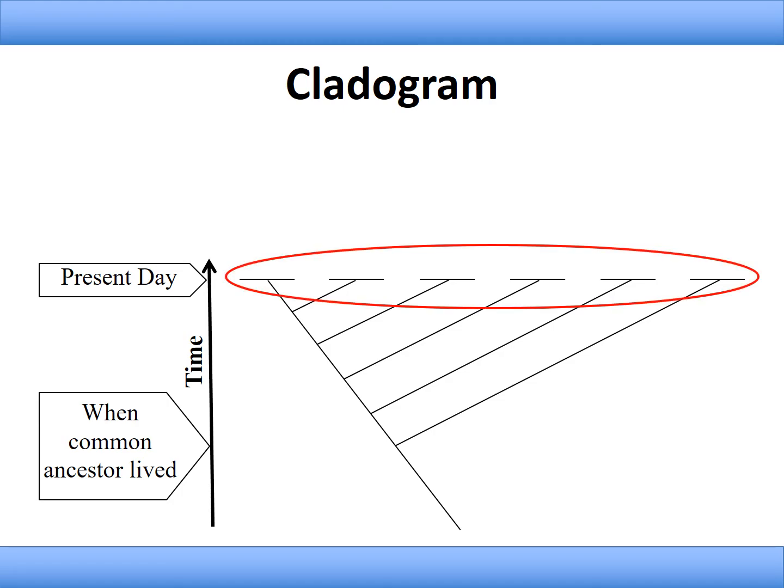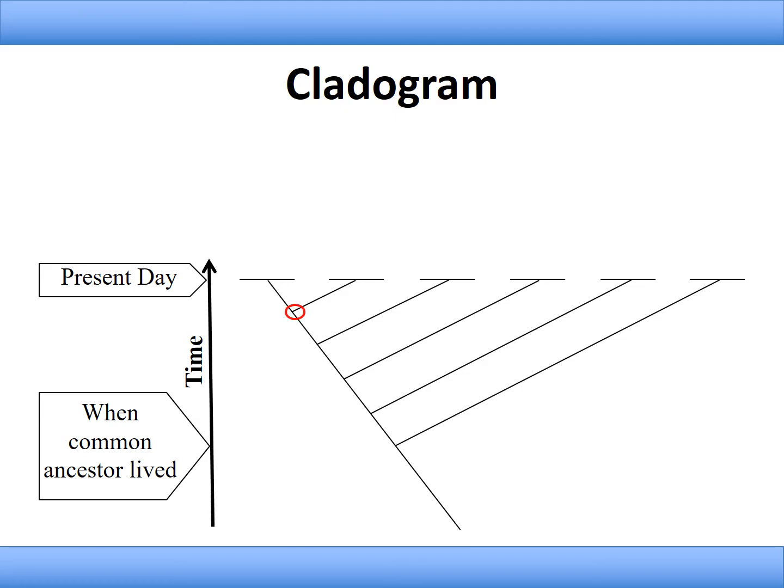So here's all species alive today. Here is a node that connects just these two species. That node represents the last common ancestor of those two species, and it existed somewhere back in time. If we go even further back in time, here's a node, and from that node, these three species eventually evolved.